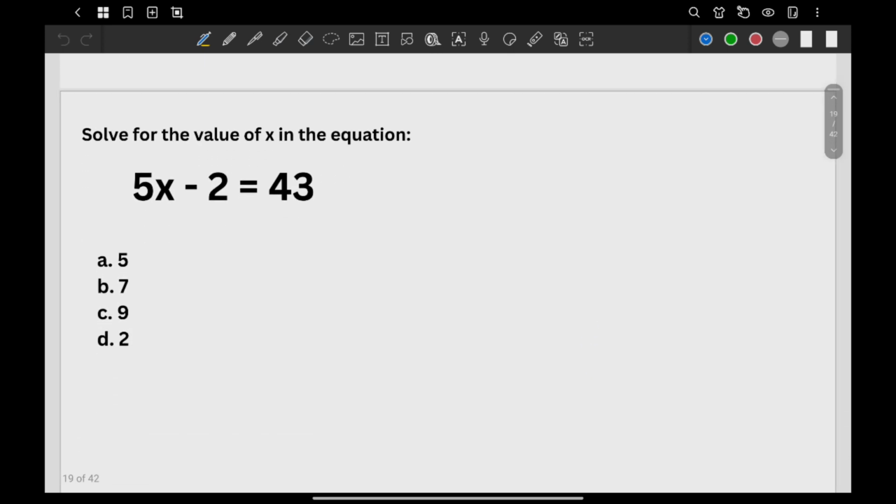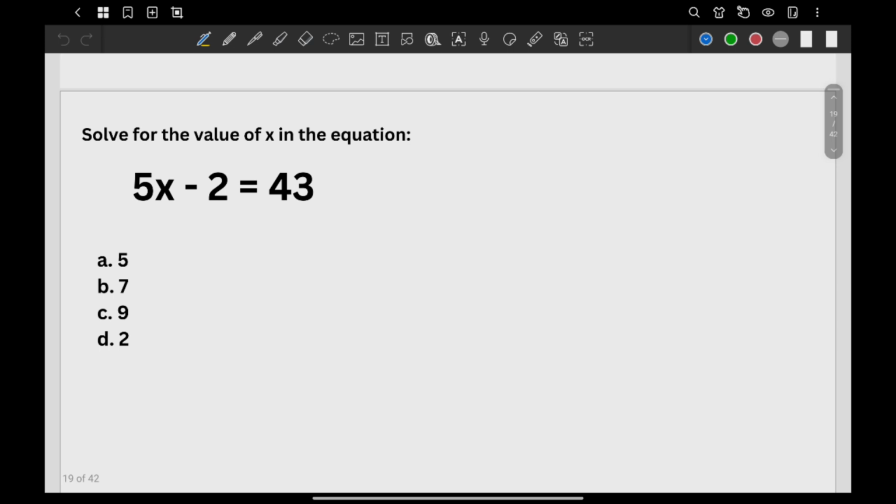Okay, there you go. So this time, let's include the part wherein we will have the computations for x. Let's say you have here 5x minus 2 is equal to 43. There are different rules, procedures, methods, and techniques for this, but for me, I devised a technique.